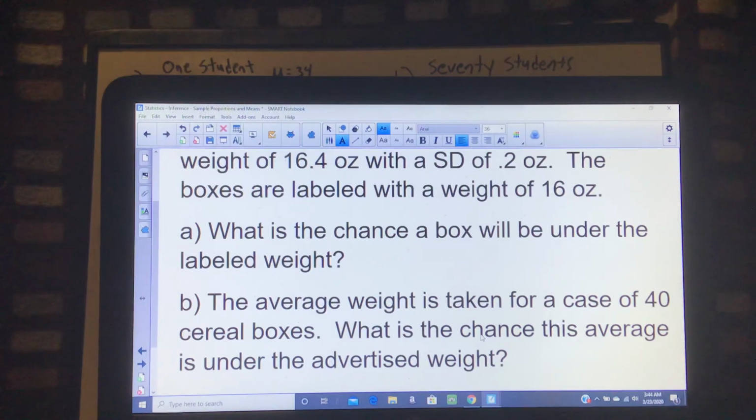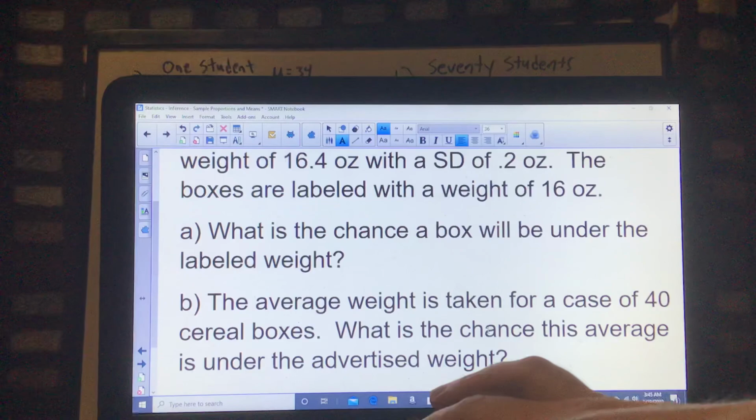And then if you had an average weight taken for a case of 40 boxes, so you're going to look at 40 boxes and take its average weight, what's the chance that this average is under the advertised weight? So basically, what is it for one box? What's the chance 40 boxes are under that advertised weight? All right. So it's similar to the other problem I did. Give that a try. I'll give the solution in another video.